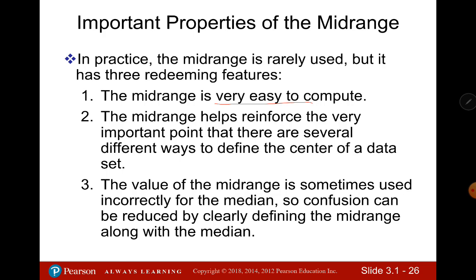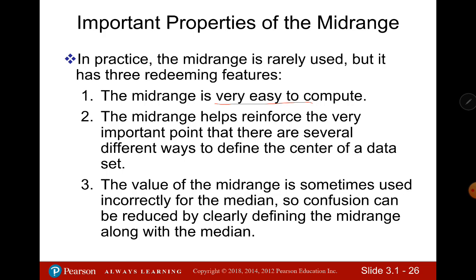Maybe we just know the minimum value and the maximum value. Then the only measure of center we can get is the midrange. And it's very easy to compute. That's the reason we still need to learn how to get the midrange.